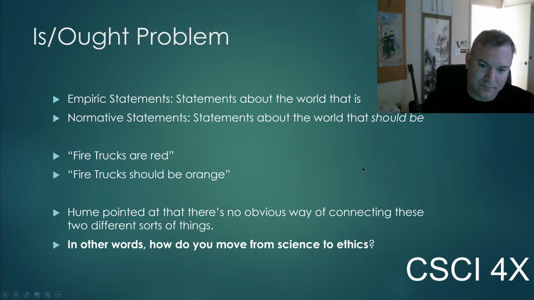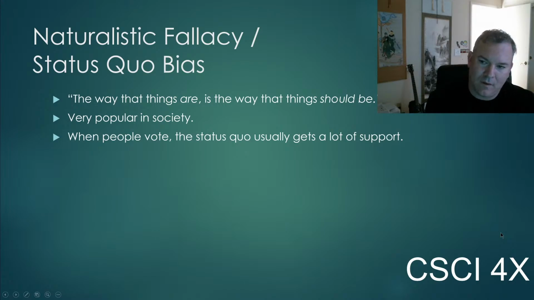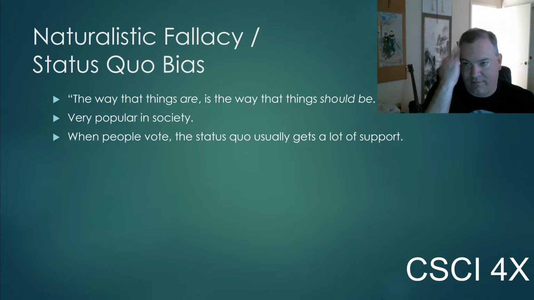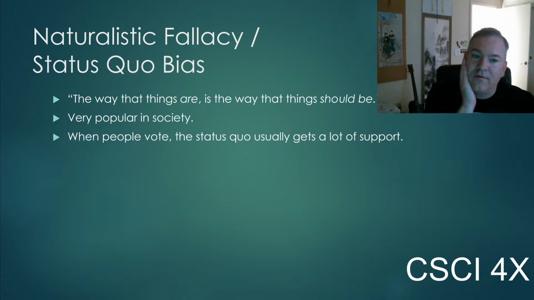In general though, it's considered a fallacy, and that's called the naturalistic fallacy. The naturalistic fallacy is the notion that the way things are is the way things should be, right? So it is natural for X, therefore we should do it, right?